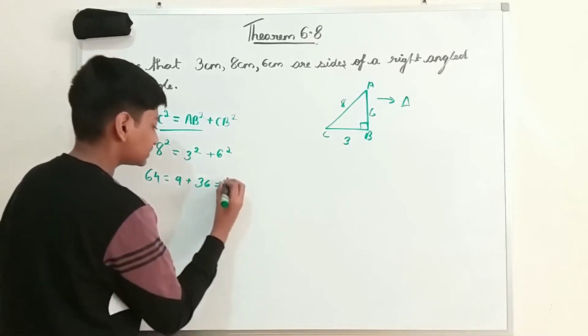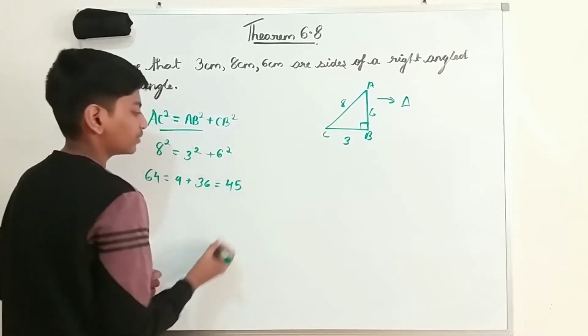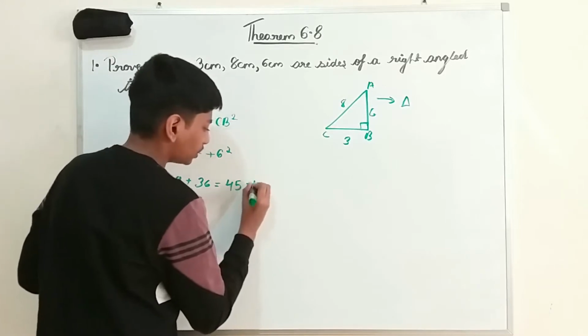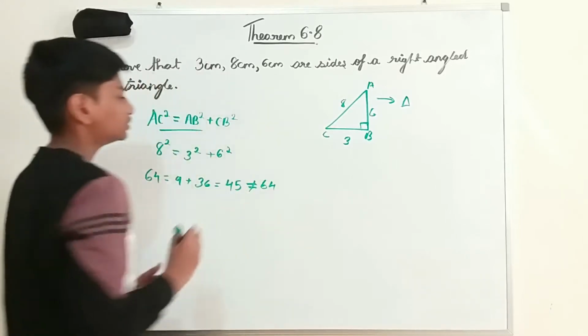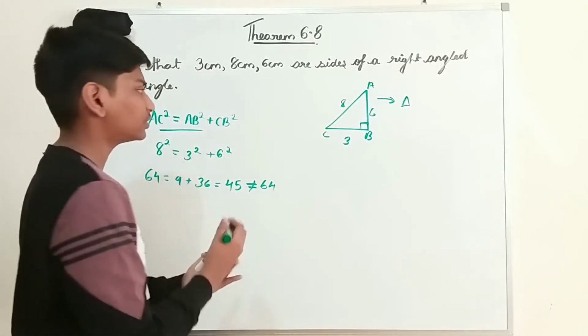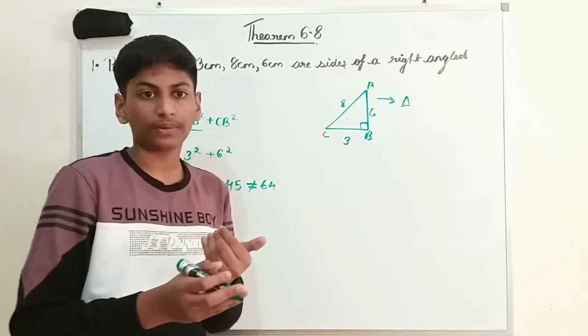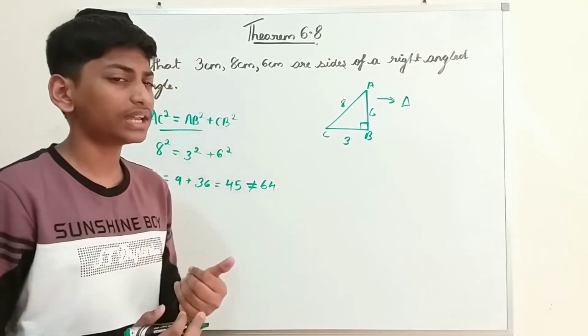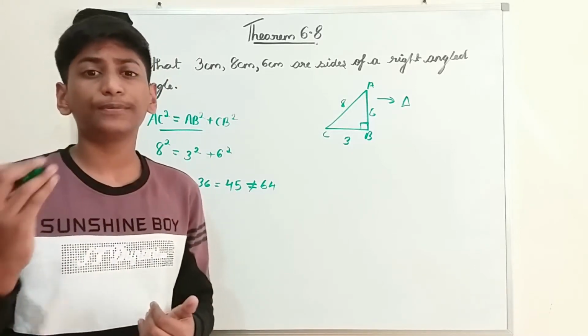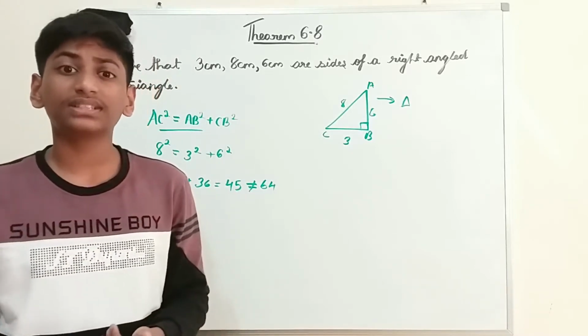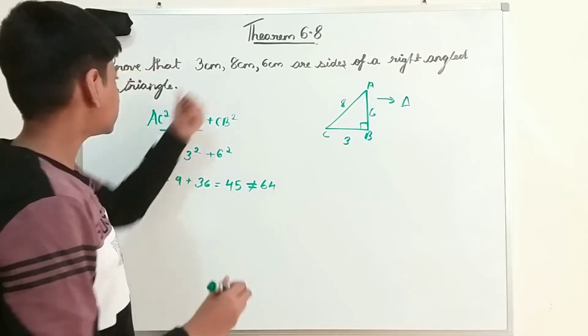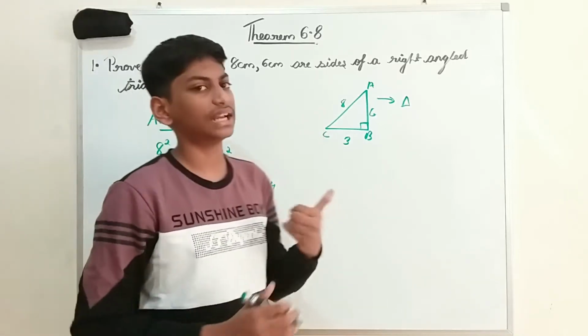We'll get it as 45. So 45 is not equal to 64. So they didn't follow the Pythagoras theorem. It cannot be wrong; it works only for right angle triangle sides. So these sides are not for a right angle triangle.